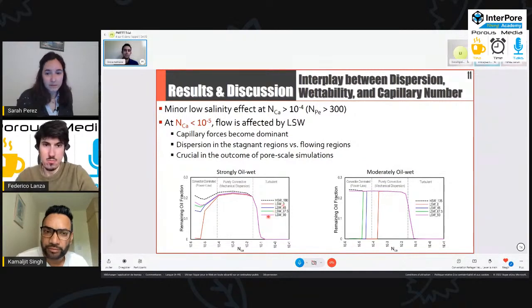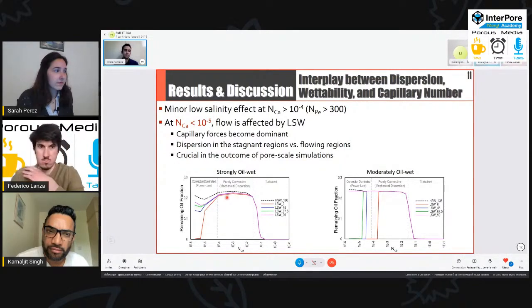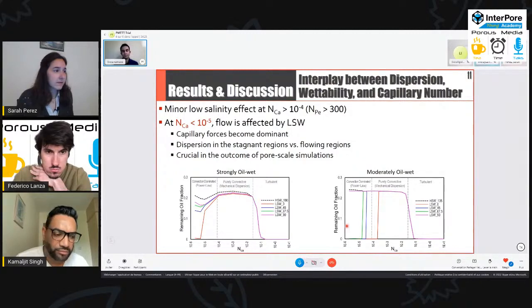But we have shown here that if we do simulation studies at higher capillary numbers, maybe the effect of this low salinity water injection cannot be fully understood and seen, because at higher levels of capillary number, almost no effect is being observed from the wettability alteration.